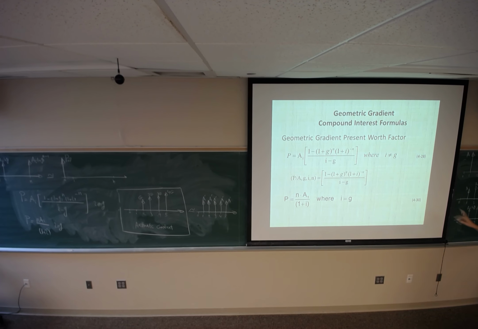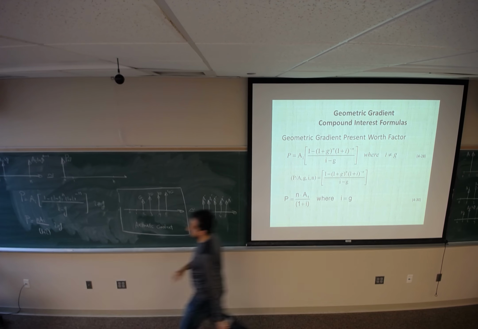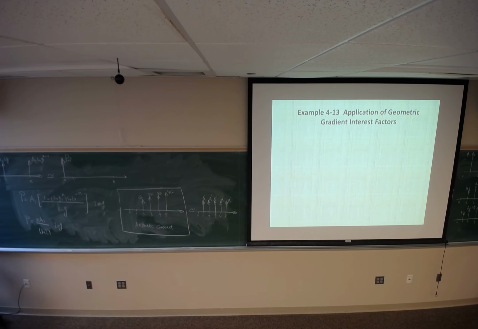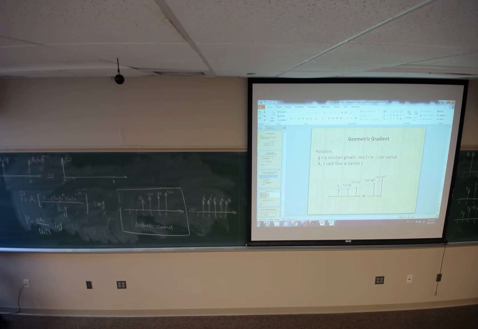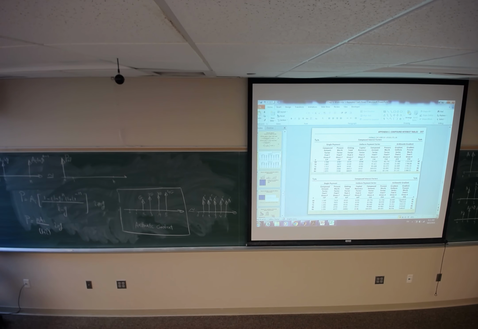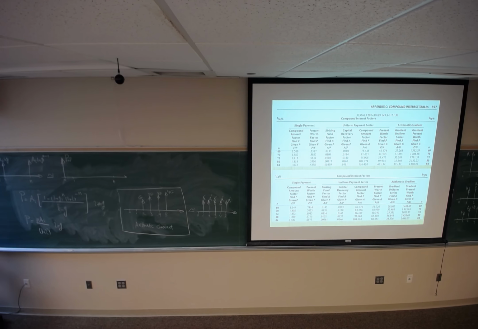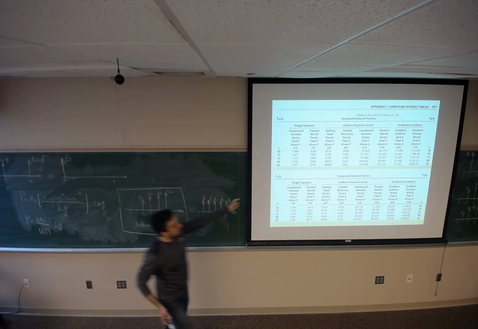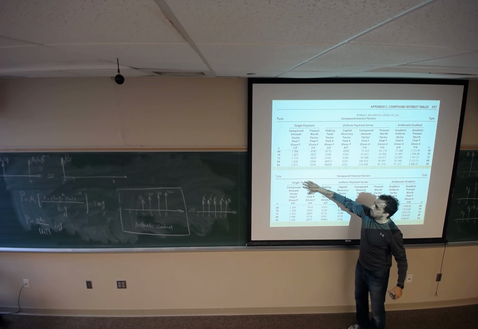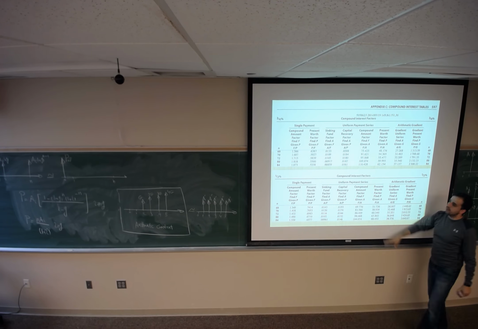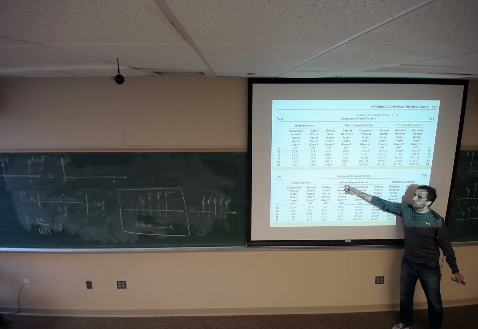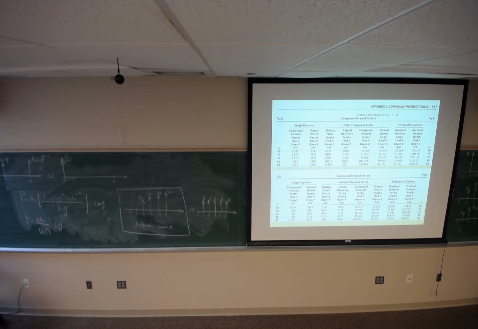let me look at Appendix C, just one page. If you look at Appendix C, you can see columns for single payments, columns for uniform series of payments, and a column for arithmetic gradient. But there is no column for geometric gradient. Why don't we have any column for geometric gradient?